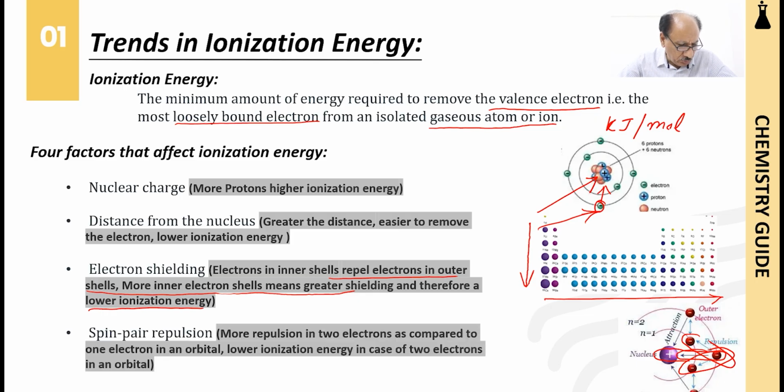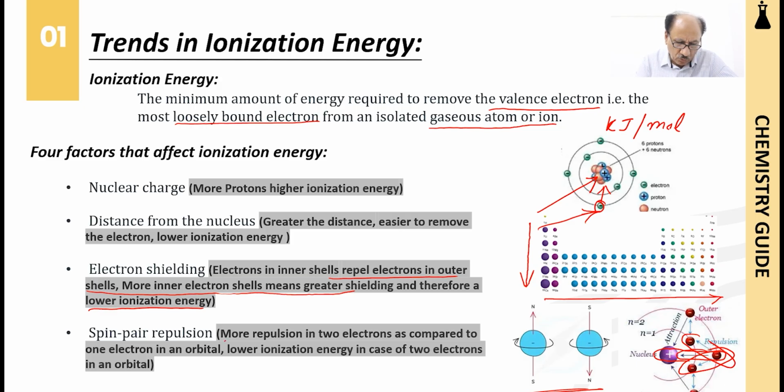The fourth factor is spin pair repulsion. Electrons have a spin, clockwise or anti-clockwise, and if we go through the electronic distribution, if both electrons are in an orbital, then they will have spin pair repulsion.